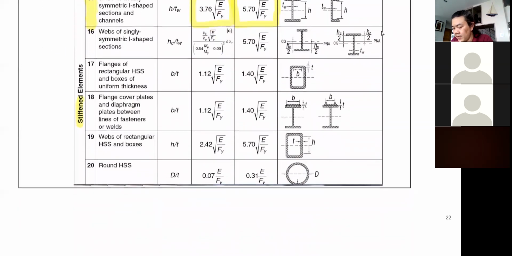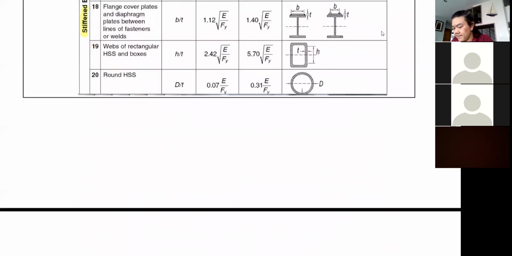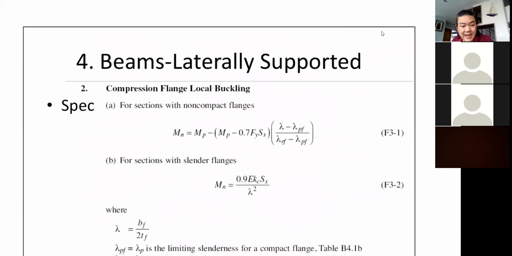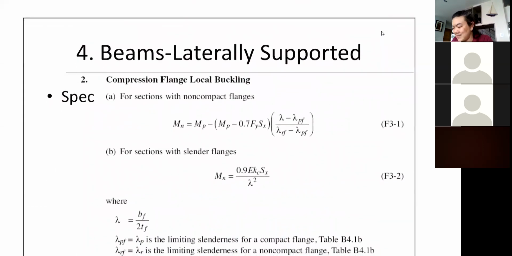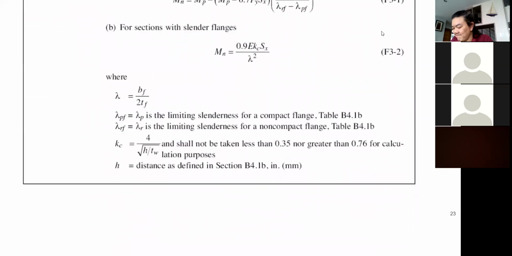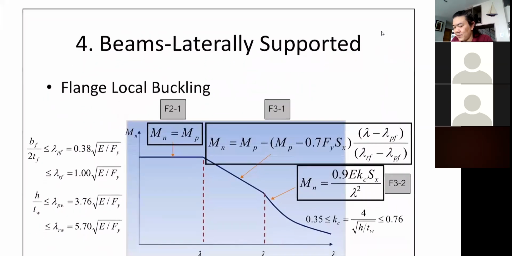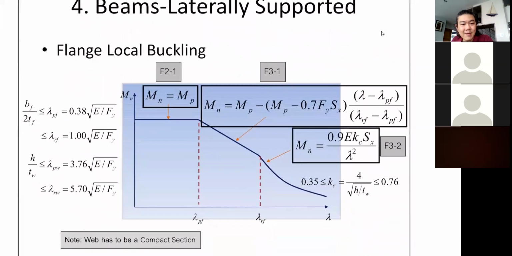And now, this is what you're going to get from the specification. Let me go through that because I don't think it's quite user-friendly. So this is it. The same plot, but now I impose the formulas on the design curve.